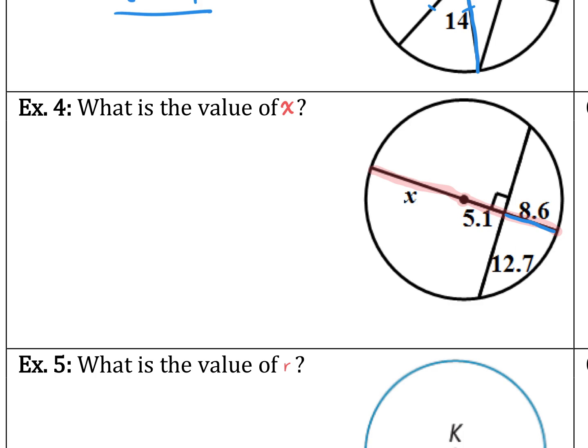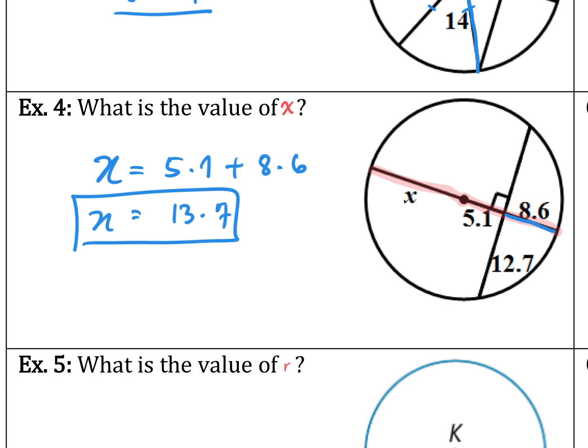It means to say that the value of x here is equal to, we're going to add these two numbers together. That's going to be 5.1 plus 8.6, and this is going to give you 13.7. Okay. That's very easy to look at.